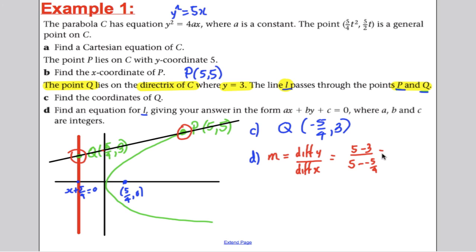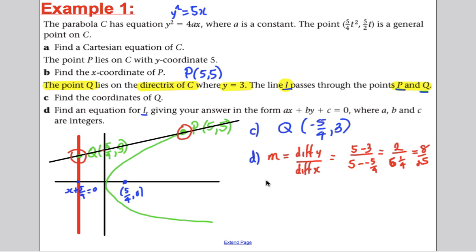So this calculation is 2 over 6 1/4, and you get 8 over 25. You get 8 over 25 as your m.